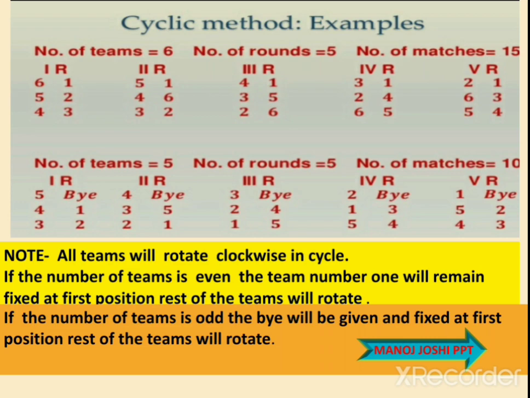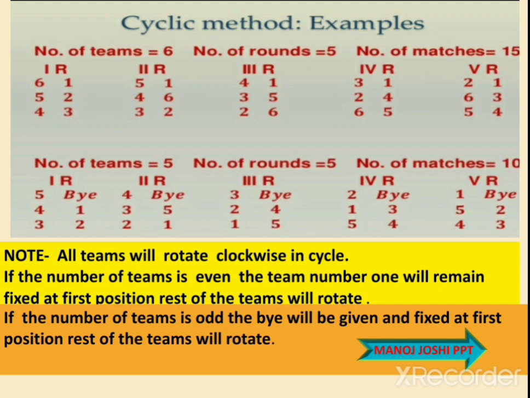In case of an odd number, now we can see how we make the fixture of the league fixture of the cyclic method. If the number of teams is 5, so an odd number, we know the number of rounds is equal to n. So the number of rounds will be 5. The number of matches we will calculate as n times n minus 1 upon 2.